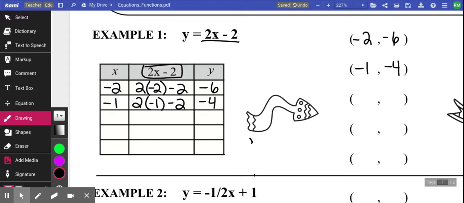Anybody have any ideas what the next number is going to be? 0. So 0. When I plug in 0 into this function, what is my output? See if you can figure out the next one.